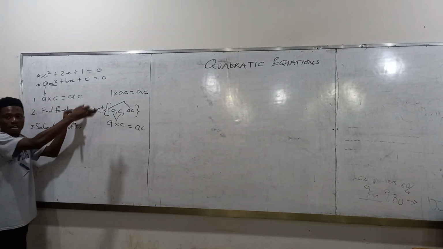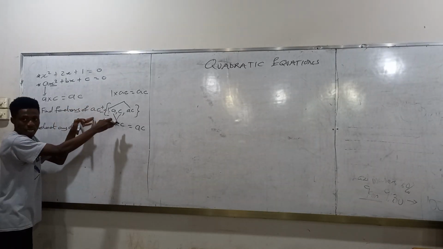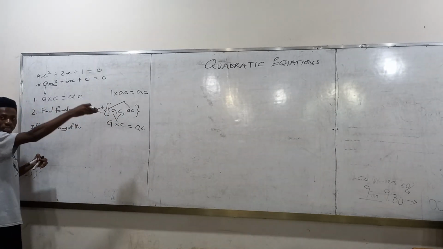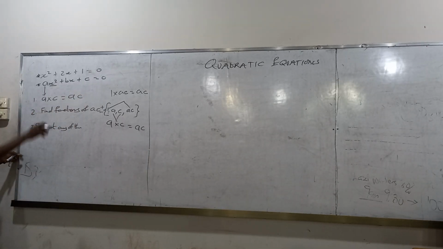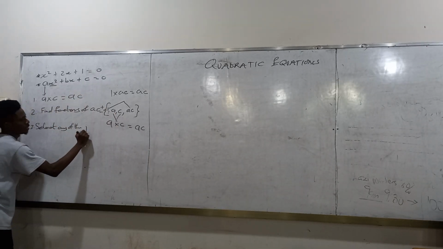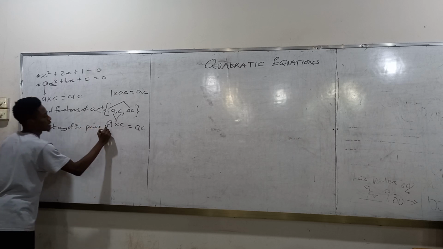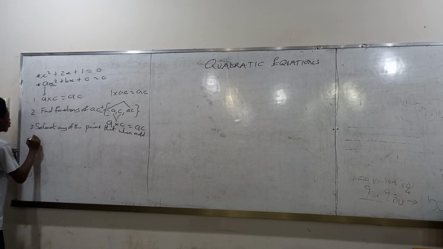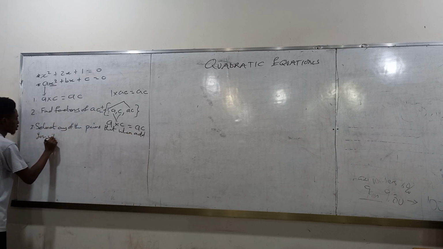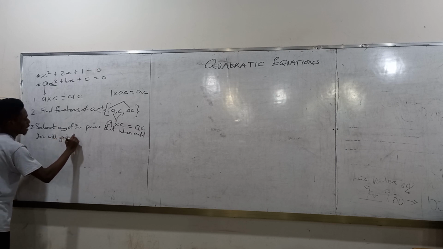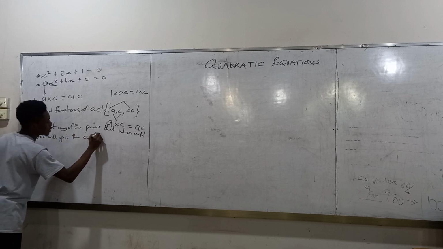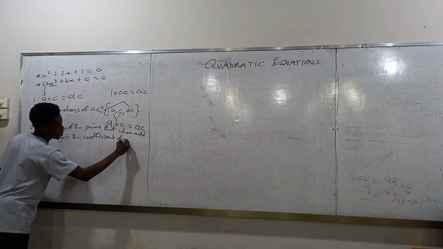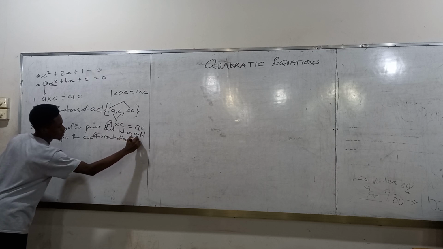But normally, this is just an example; with other questions you get more than two pairs, you can get 4 pairs, 3 pairs, and many more. So you select any of the pairs that, when you add, you get the coefficient of x, that's b.